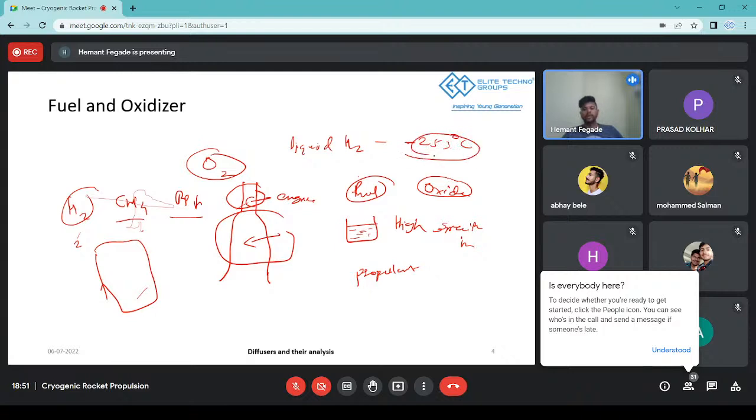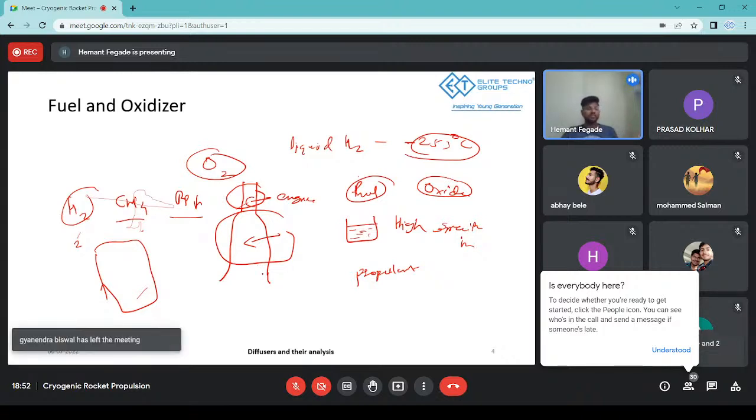When you are operating at minus 253 degrees Celsius, this becomes cryogenic because your fuel is at such a low temperature. This is done to reduce the tank size. Once you have liquefied hydrogen, you're operating at, let's say, 13 or 14 bars of pressure. At times that pressure increases to 52 bars.